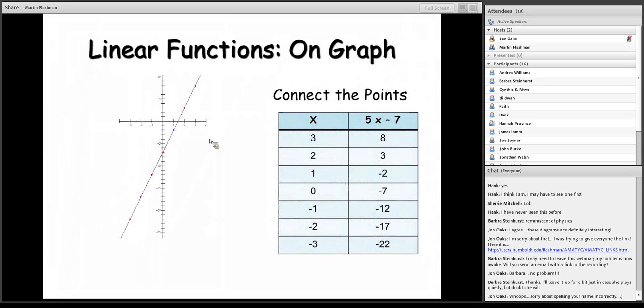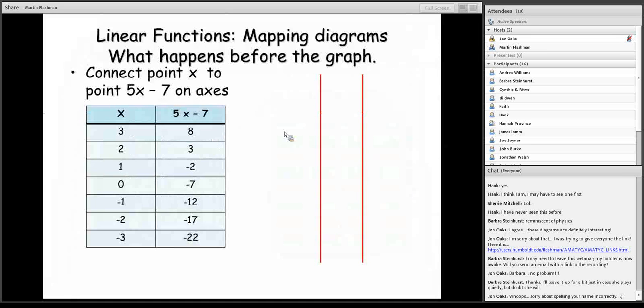Now, when we're doing this on the mapping diagram, let me put a pen here. So we might start off and put, say, 0 here, pretty big 0, and then put minus 7 somewhere on the chart here, and then we draw an arrow, a very sophisticated looking arrow.